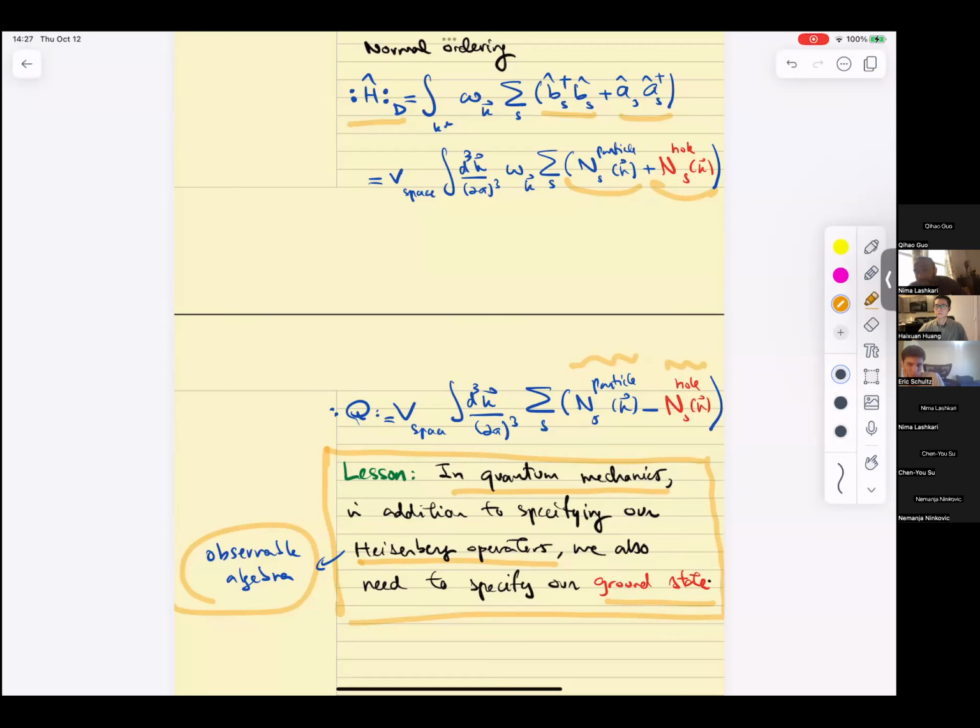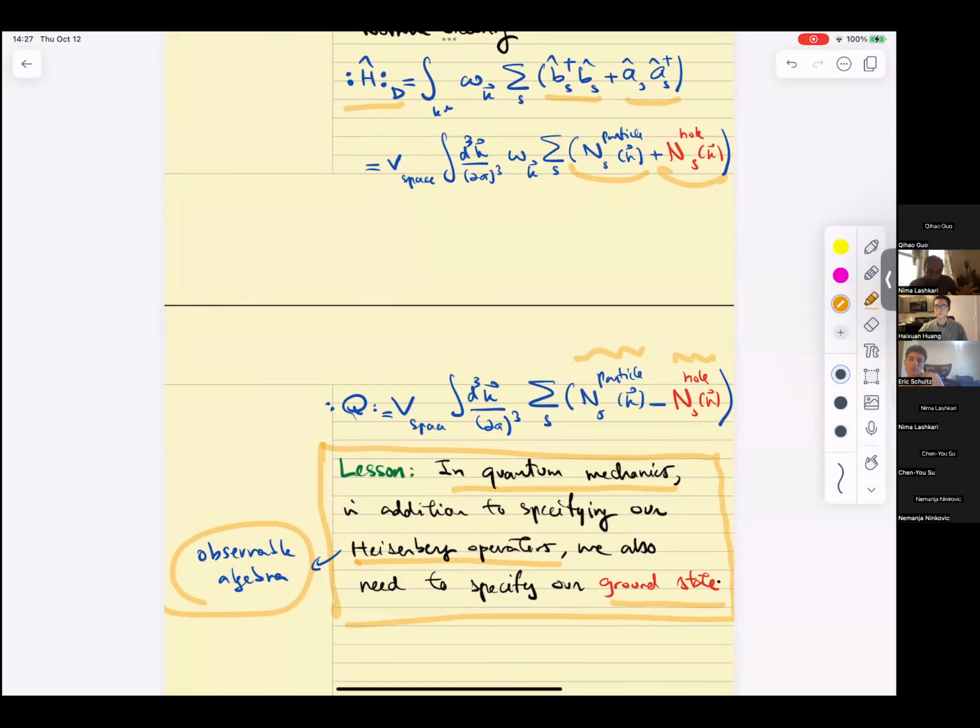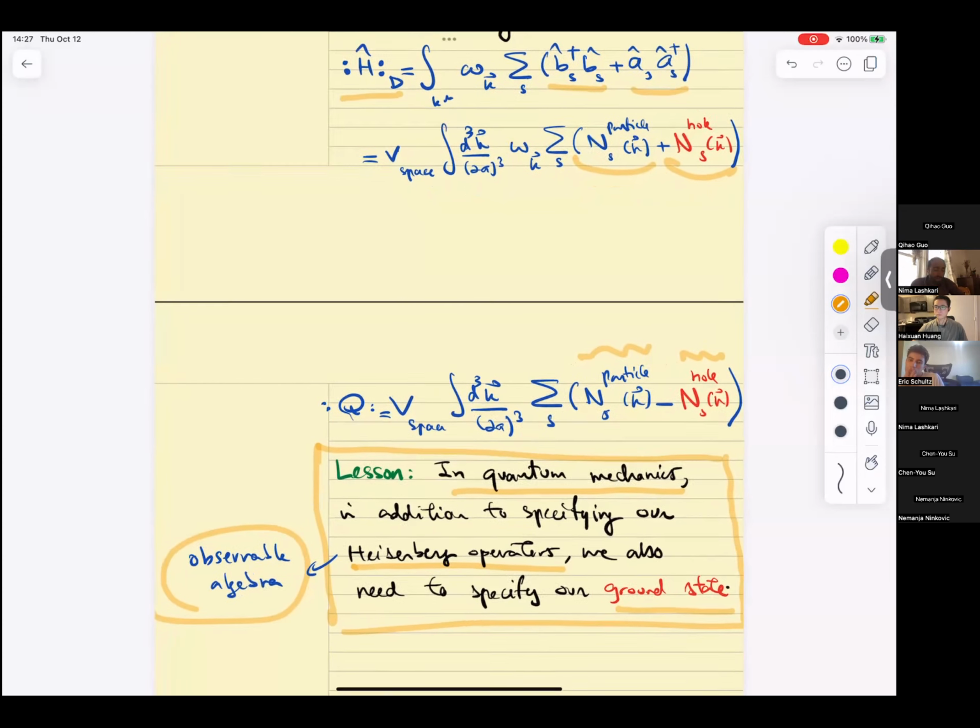So a canonical choice we could make is what's called the Fermi sea. The Fermi sea is when you fill up all the holes, so all the holes are filled for you and you cannot excite them further, right? Okay. And then I ended up with the punchline that in quantum mechanics, the choice of state is very important. Any questions?